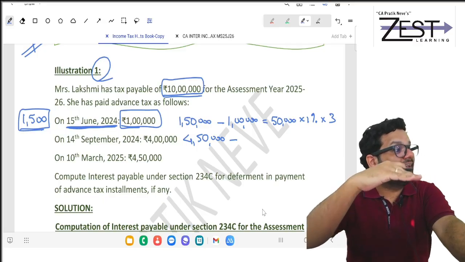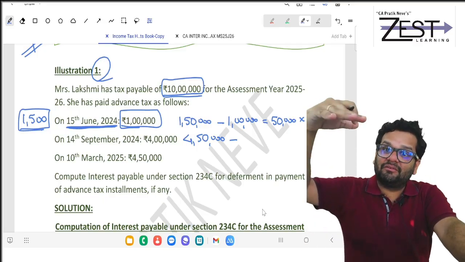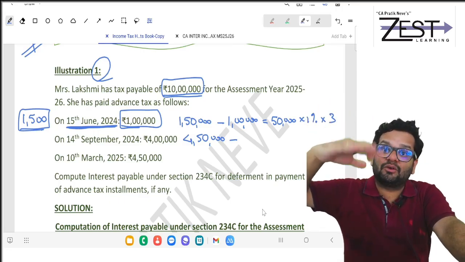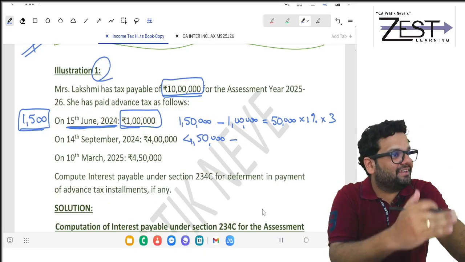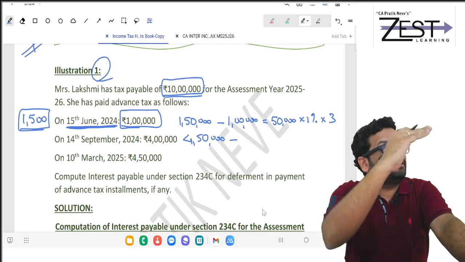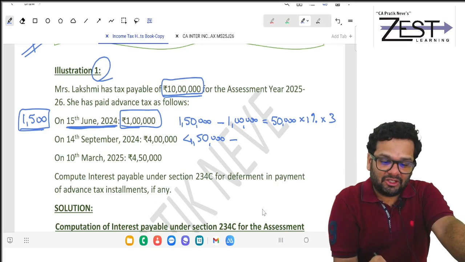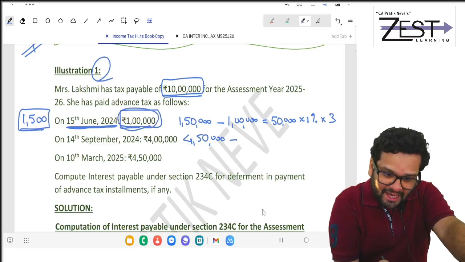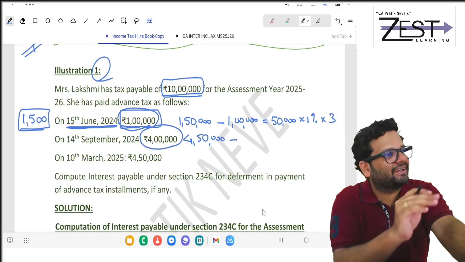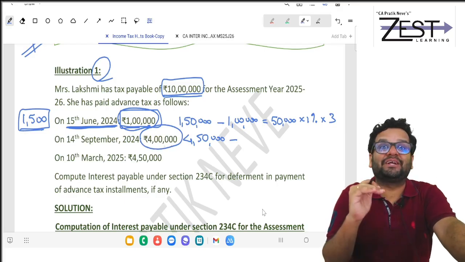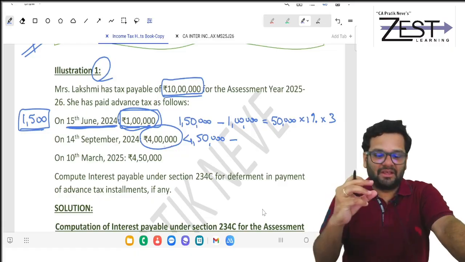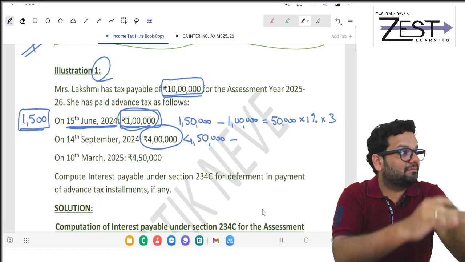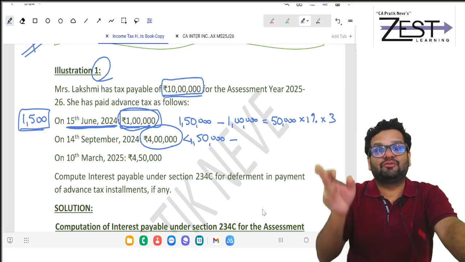You should have paid 4 lakh 50,000 till 15th September. And till 15th September, you have paid the first 1 lakh and this 4 lakhs, cumulative till date.